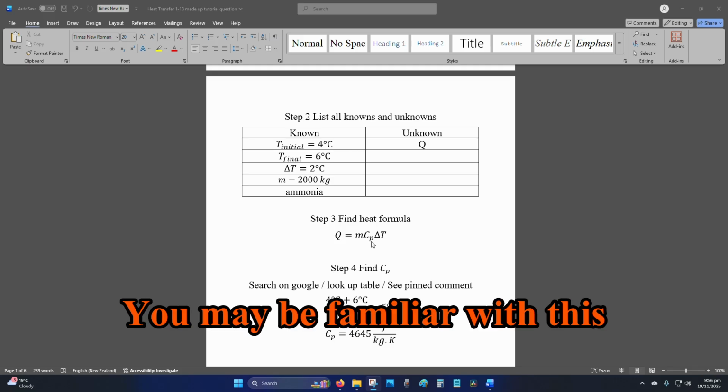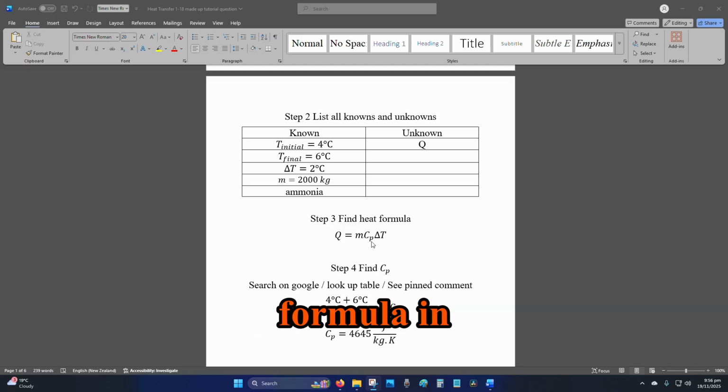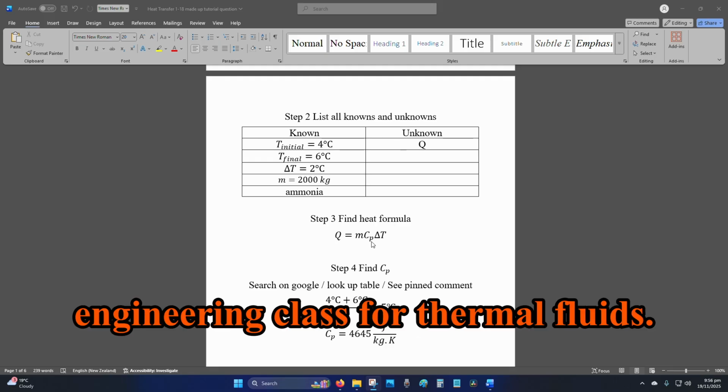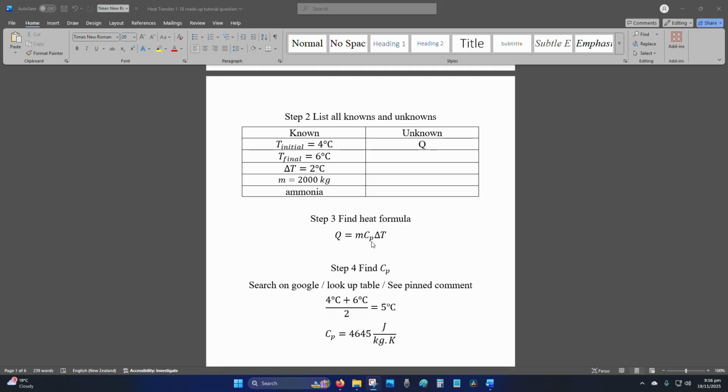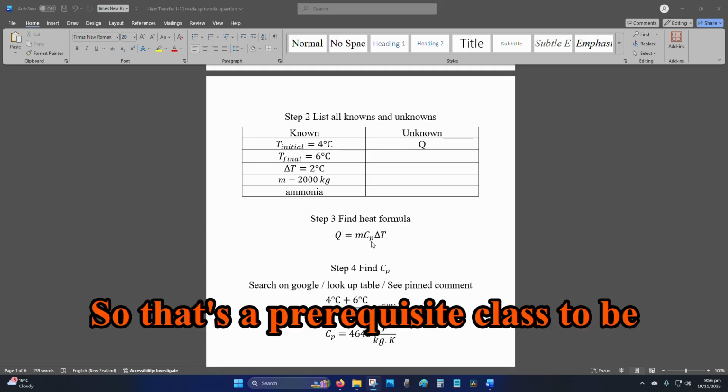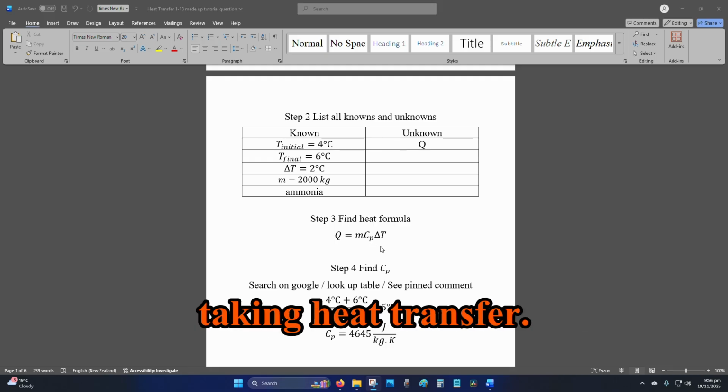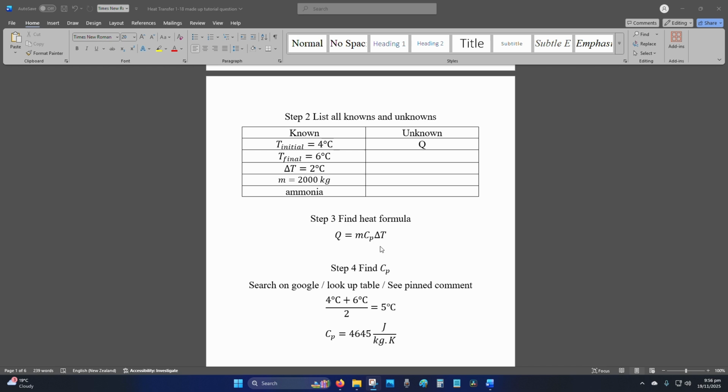You may be familiar with this formula in your first year engineering class for thermofluids. That's a prerequisite class to be taking heat transfer.